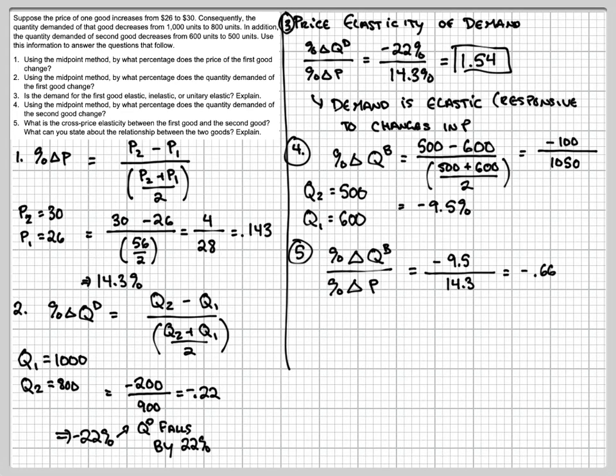So if the price of one good rises and the demand for the other falls, these two goods are like coffee and milk. So if the price of milk rises, people buy less coffee. So these two goods are complements.